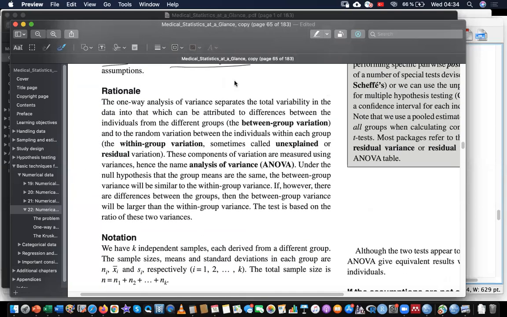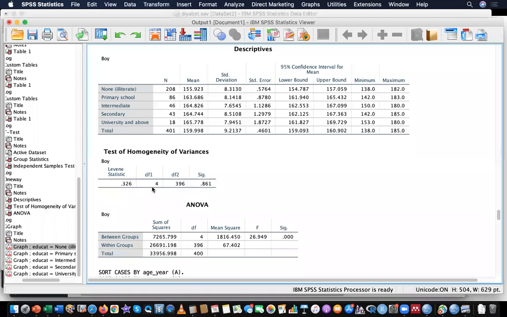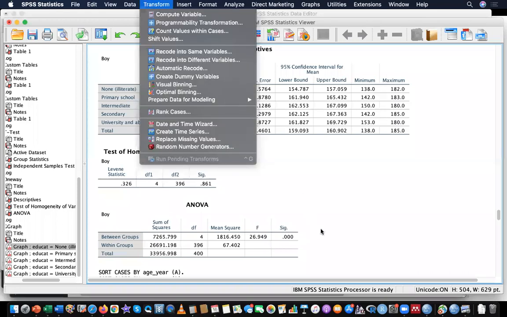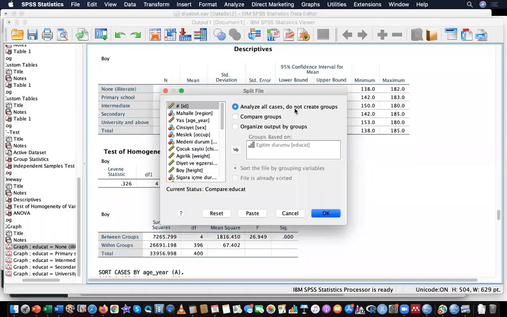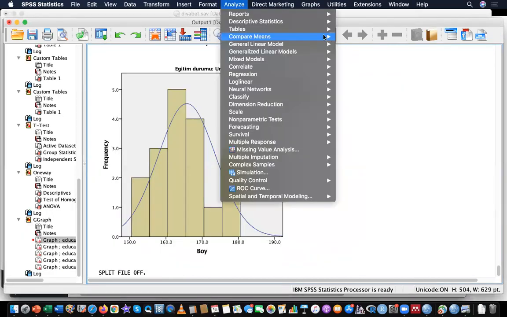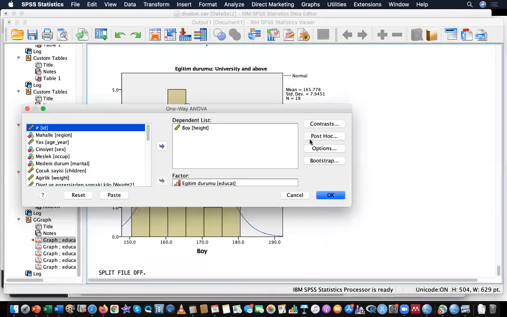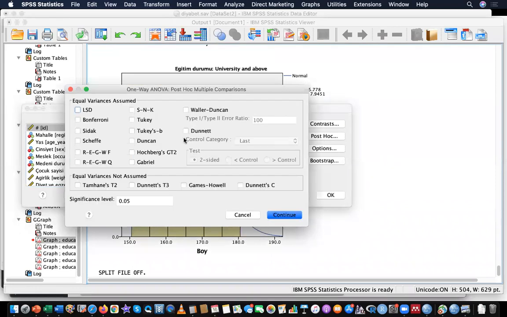Let me do it with SPSS. I repeat my ANOVA. First, I have to remove this split file. Now I want to do the ANOVA again. Compare means, one-way ANOVA.